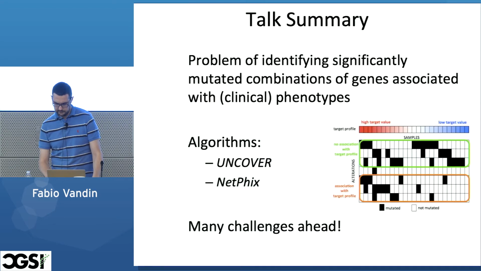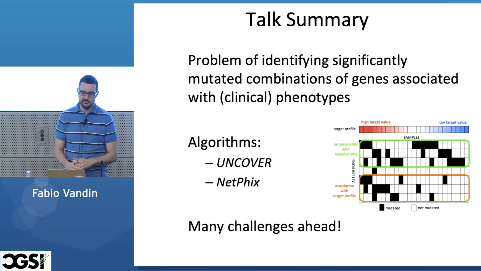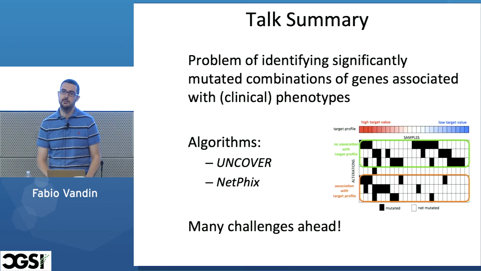So to summarize, what I have presented today are problems and algorithmic problems associated with finding this set of alterations that have a functional association with the phenotypes, that could be clinical phenotypes as well. And the two main algorithms we have developed, Uncover and Netflix, for this problem. There are many challenges that I would be happy to discuss in getting these methods to improve even further on data.